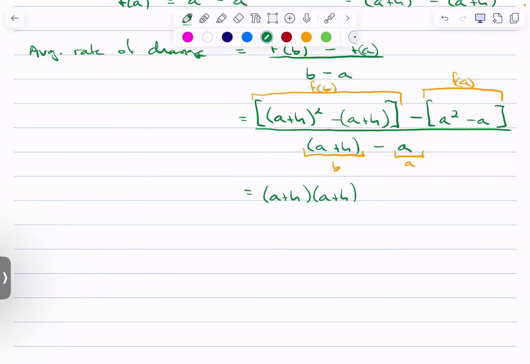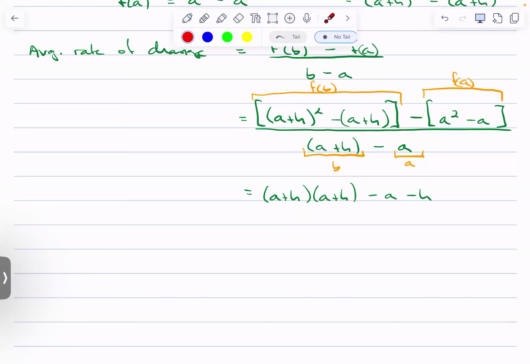We have to distribute it, okay? And so we have to do that, but first I'll just write it out. And then minus a minus h. So I'm distributing this subtraction in here just to try to simplify things a little bit. And then I'm going to move on to the minus a squared and then plus a.